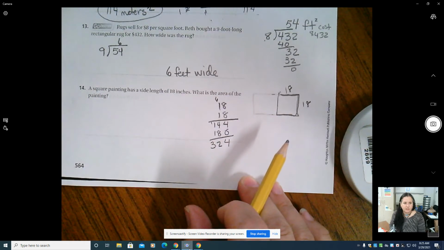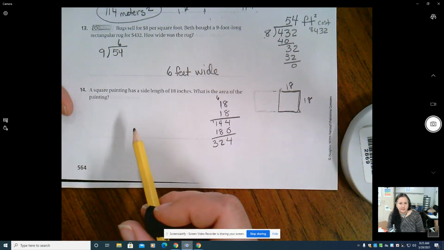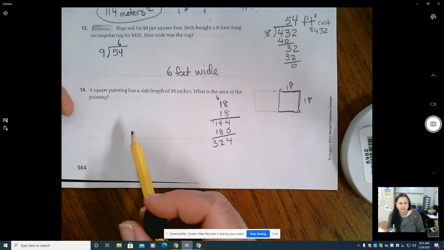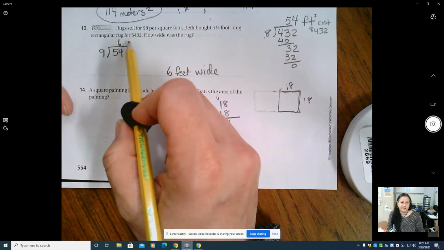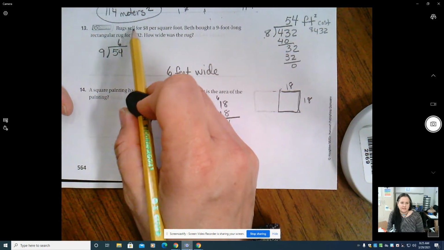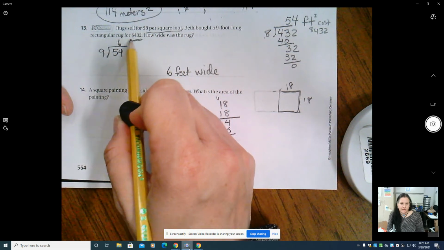13, rugs sell for $8 per square foot. Beth chooses a 9-foot long rectangular rug for $432. How wide was the rug? So first I figured, like, here they are telling us this is how much per square foot. This is the price.